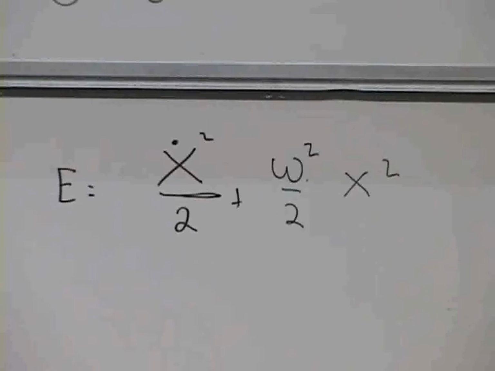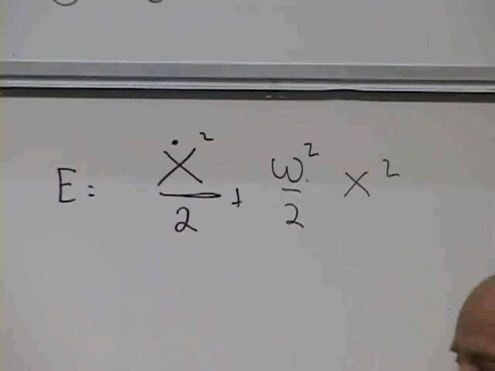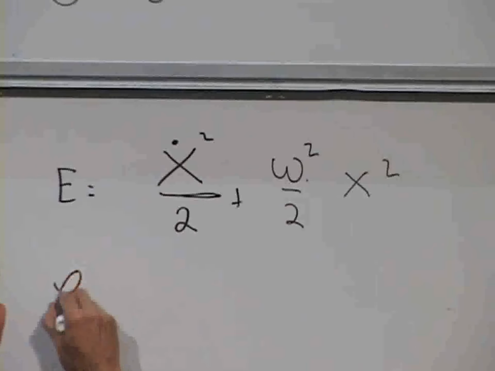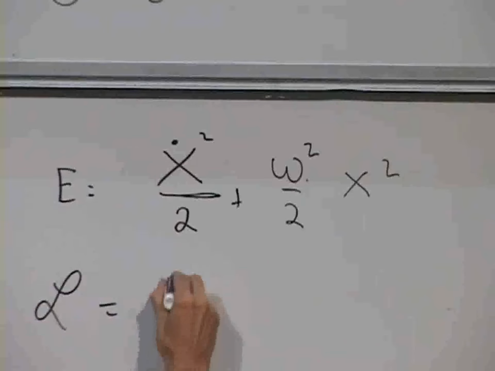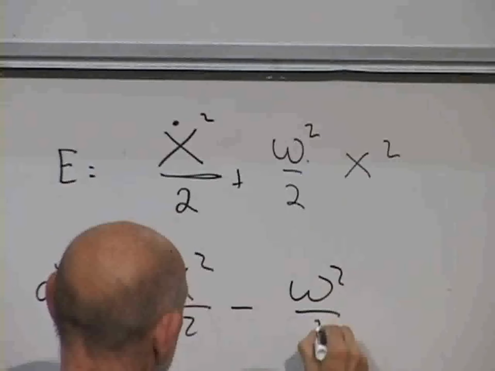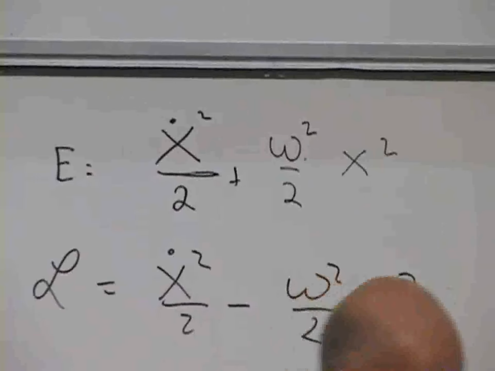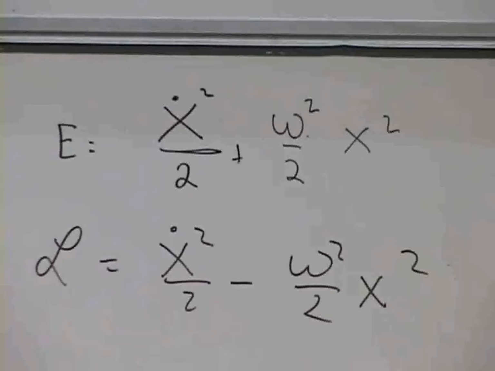This is the formula for a harmonic oscillator. This is its energy, kinetic energy, potential energy. If we wanted to work with Lagrangians, we would write kinetic energy minus potential energy. Okay, that's the basic formula that we'll need for harmonic oscillators.